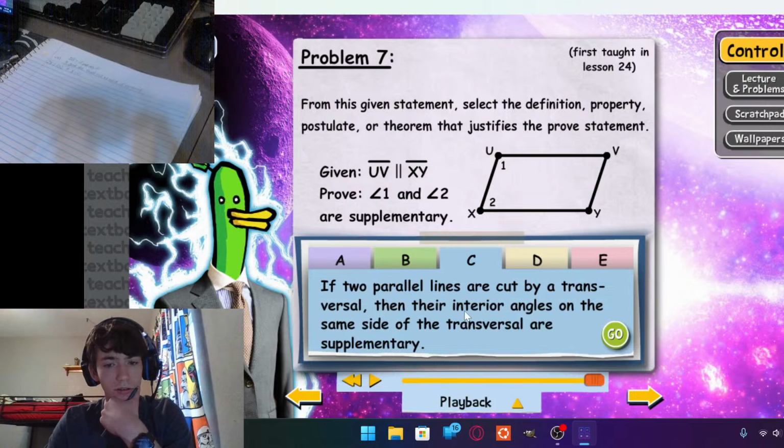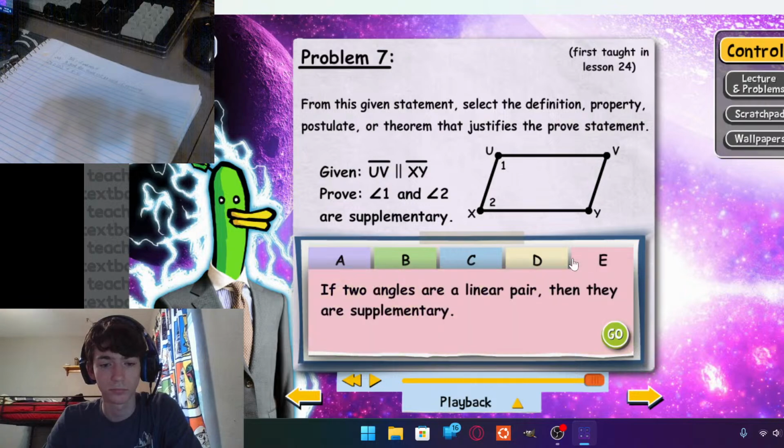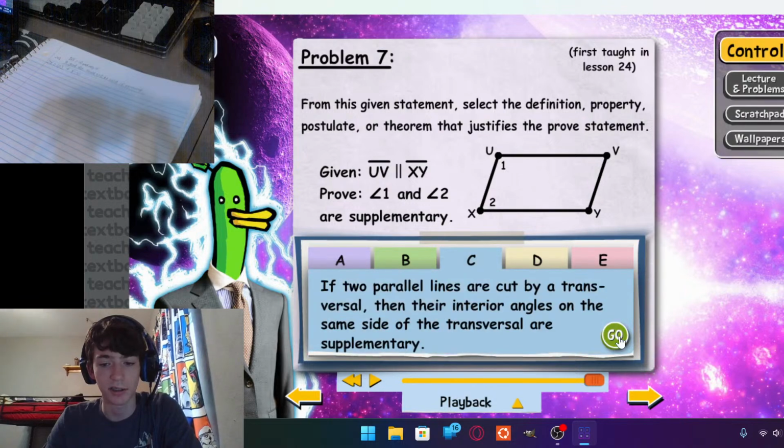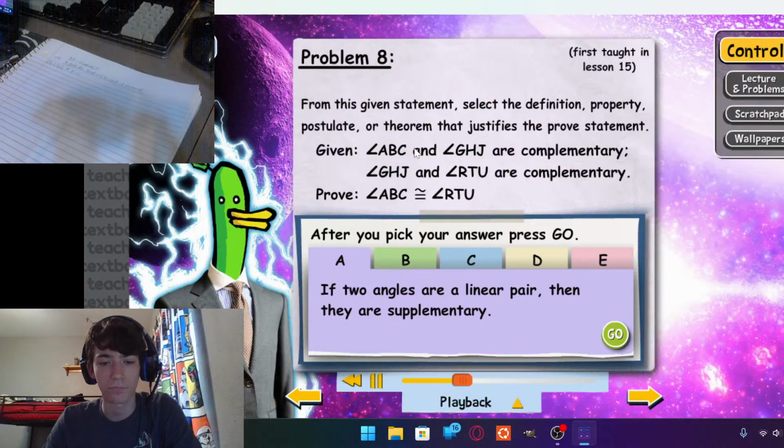And are they two parallel? This could be it, but I'm gonna keep looking. Okay, I think it's this. That's right. All right. From this given statement, you need to select the definition, property, postulate, or theorem that justifies the proved statement.